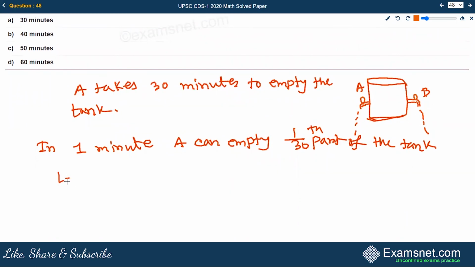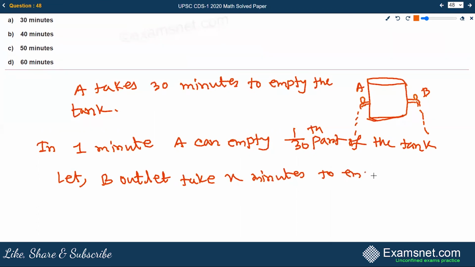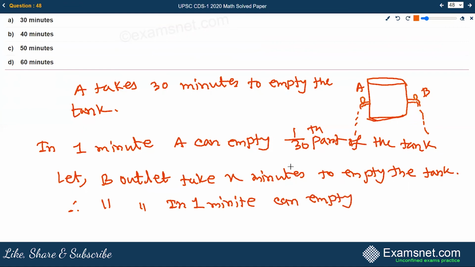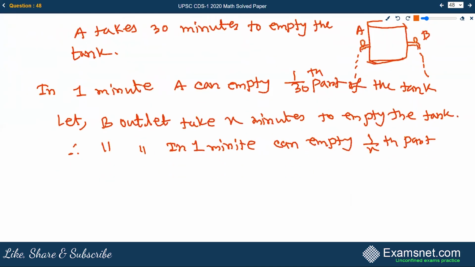So let outlet B take X minutes to empty the tank. Therefore, outlet B in 1 minute can empty how much portion? In the same way, 1/x part of the tank.